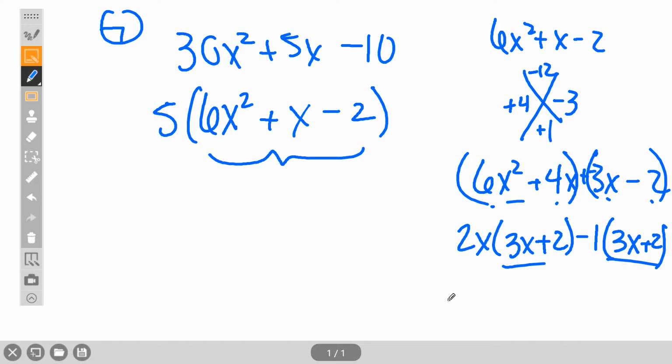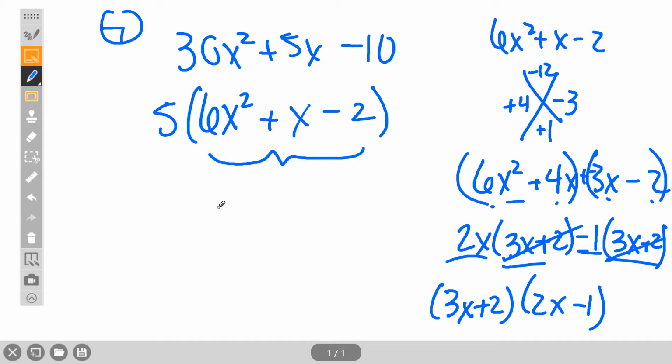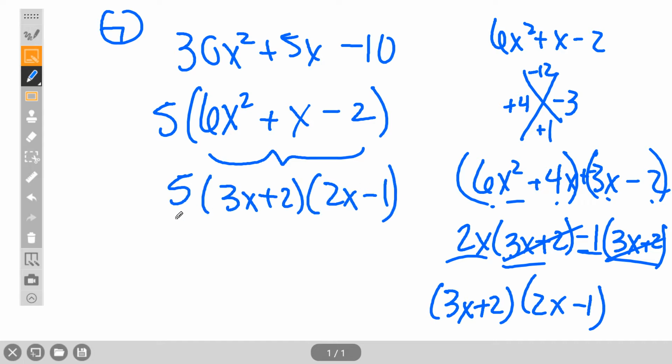These two have 3x plus 2 in common, so I can factor out 3x plus 2, which leaves me with 2x minus 1. So this factors into 3x plus 2 and 2x minus 1, and don't forget the 5 that you factored already. So this has 3 factors, 5 times 3x plus 2 times 2x minus 1.